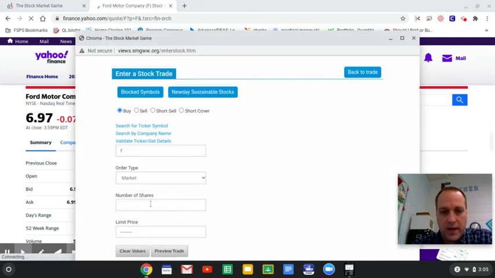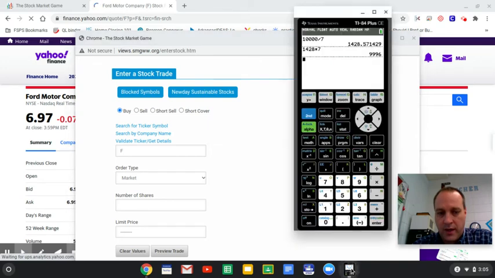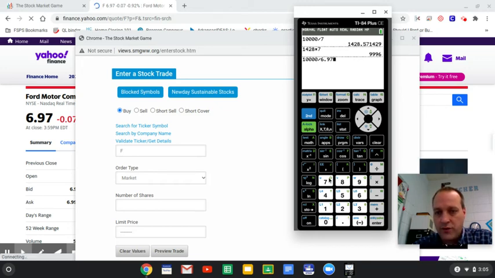here, and I'm going to take my calculator, and I'm going to make sure, because one of my stipulations is you can't spend more than $10,000 on one stock. So if you put 10,000 and divide it by the going price of the stock, and Ford is going for $6.97 right this second, and then I hit enter, that tells me I can buy 1,434 of them.